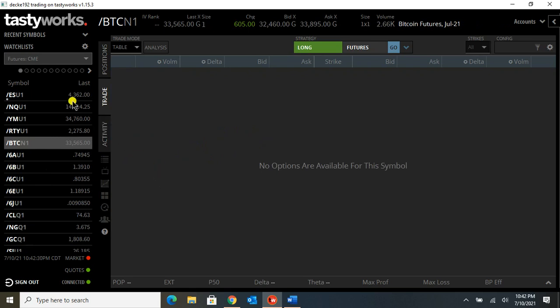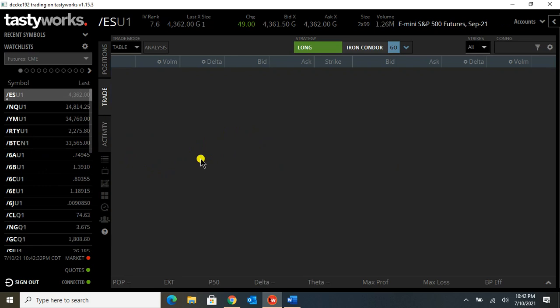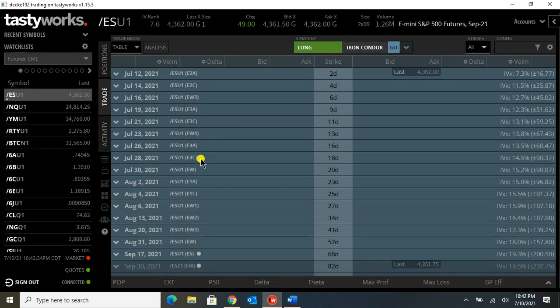And the last topic I wanted to touch on has to relate to SPAN margin. So if you haven't heard of it before, you can do a lot of research online about what SPAN margin is and how it's calculated. But in essence, SPAN margin takes into account all your futures positions and determines what your 1-day risk is, and that is what your buying power reduction is.